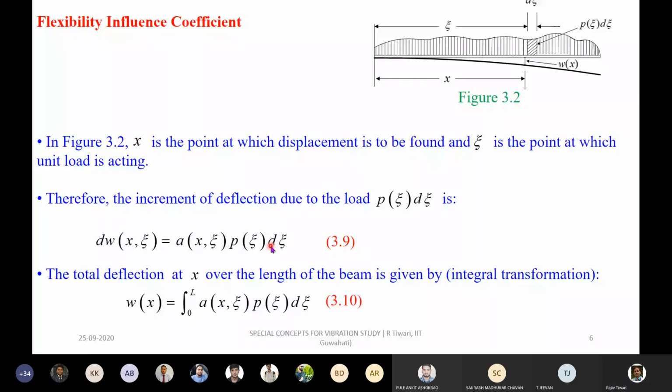And this is the flexibility influence function, which is relating these. And now if you want the displacement here because of all the forces, we need to integrate this from 0 to L to get the displacement at x. So this w(x) is the total displacement because of all the forces, which we can get from this expression.